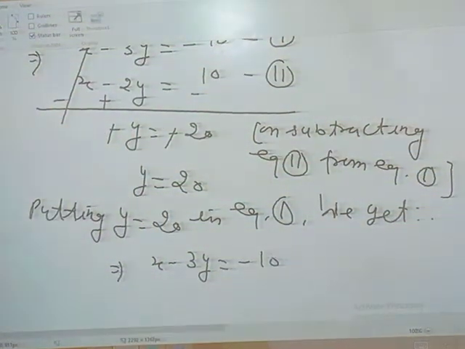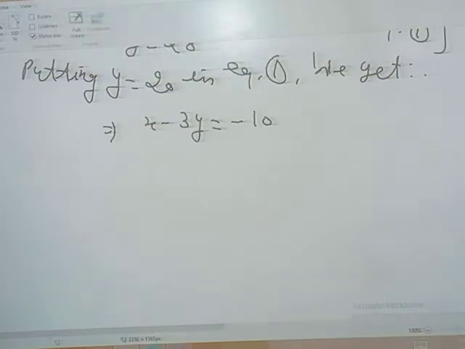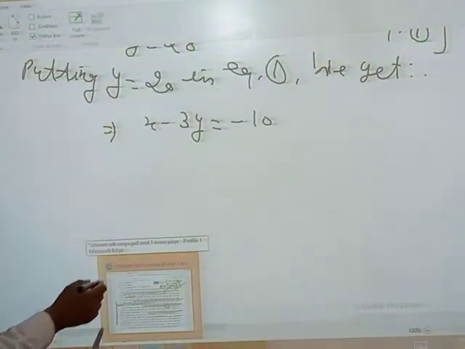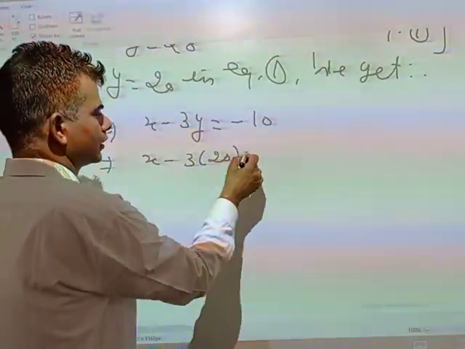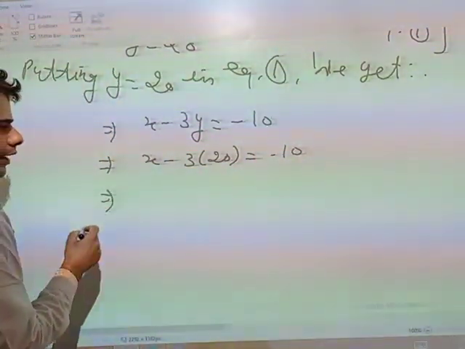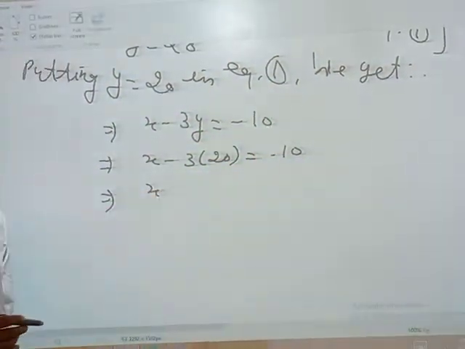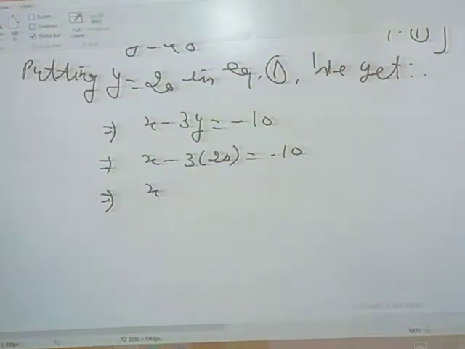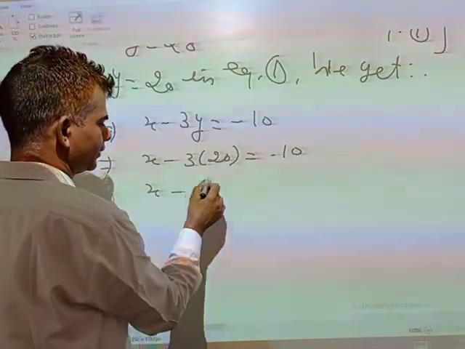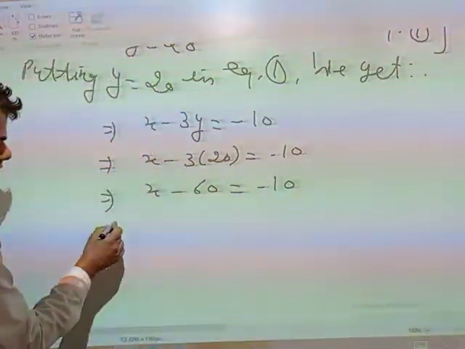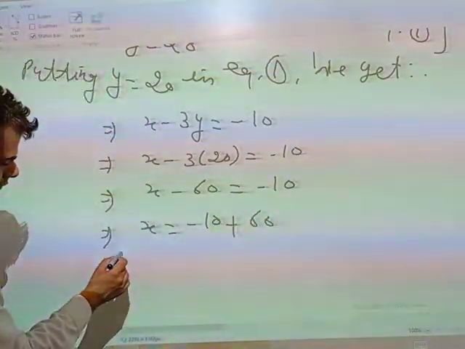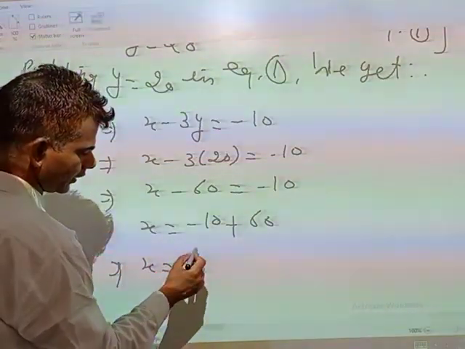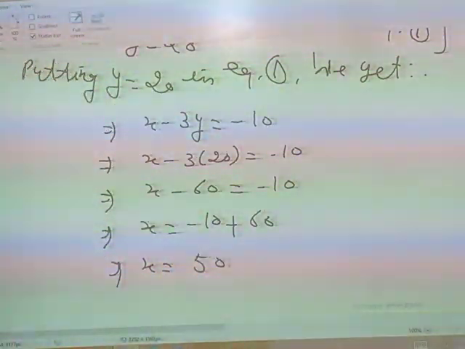Now replace y with 20. Now x minus 20 threes are 60, equals minus 10. Now minus 10 plus 60, x is equal to 50.